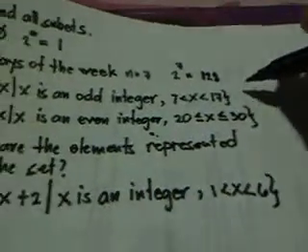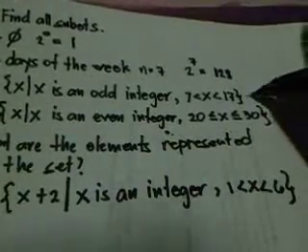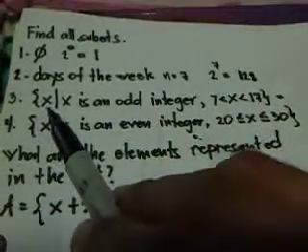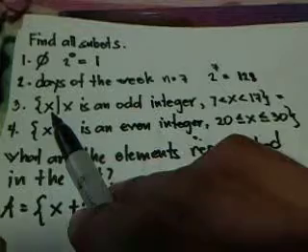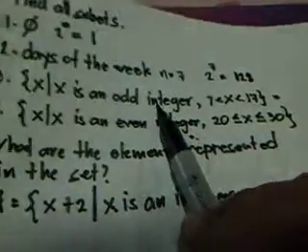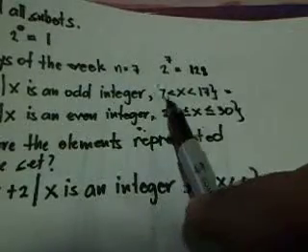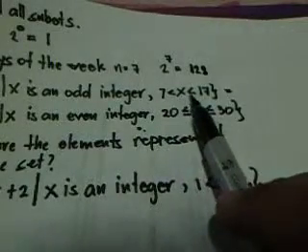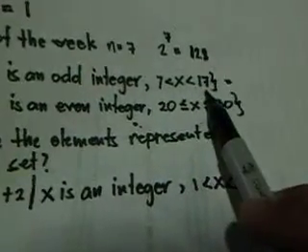Okay, number 3 is in set builder notation. Let us read this one: the set of all x's such that x is an odd number where 7 is less than x is less than 17.